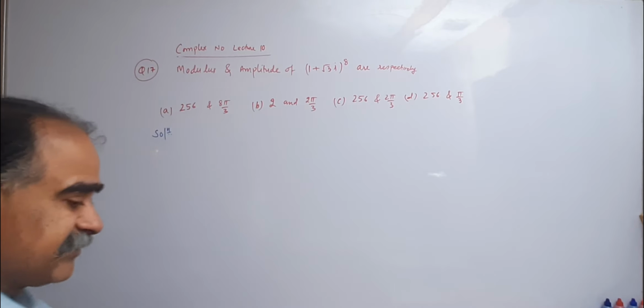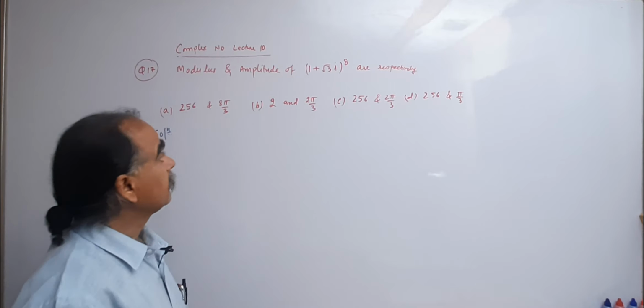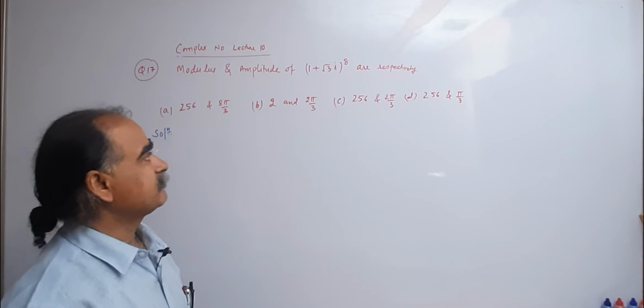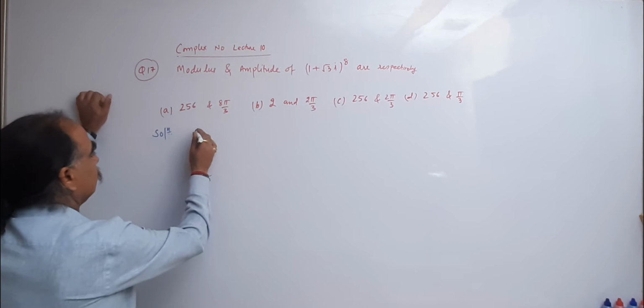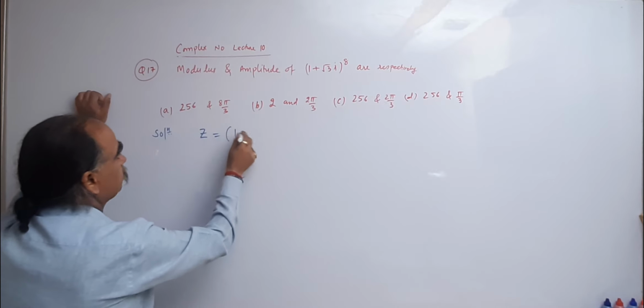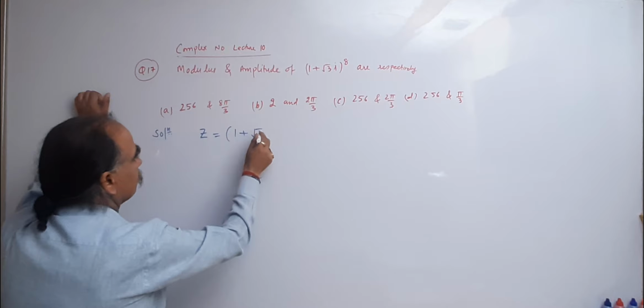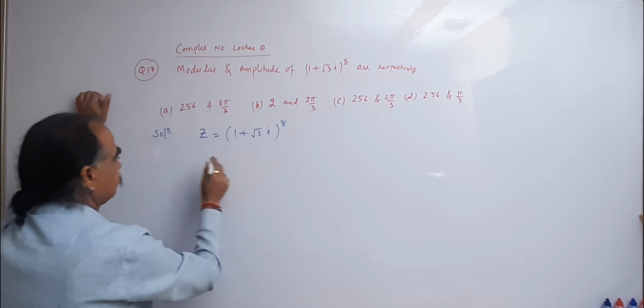See friends, next example: modulus and amplitude of (1 plus root 3 i) raised to 8. Z is equal to (1 plus root 3 i) raised to 8.